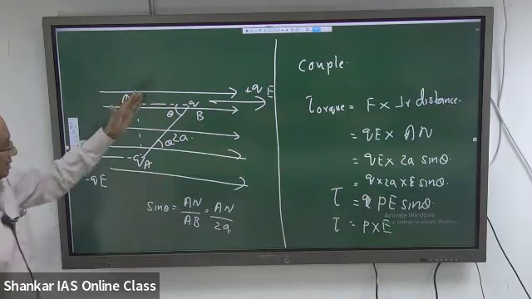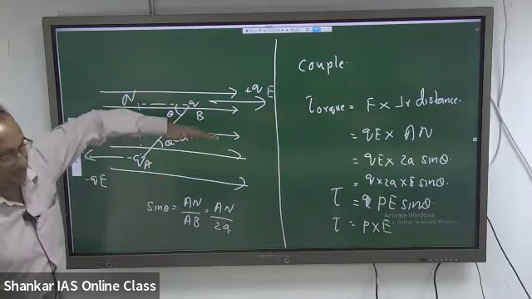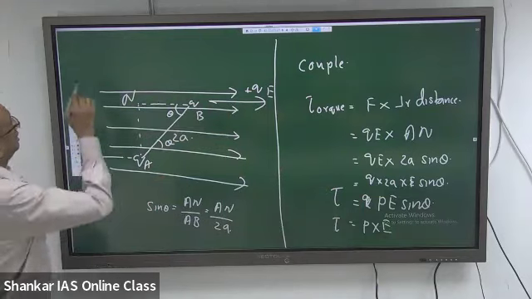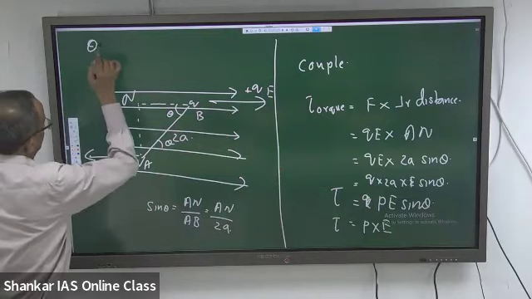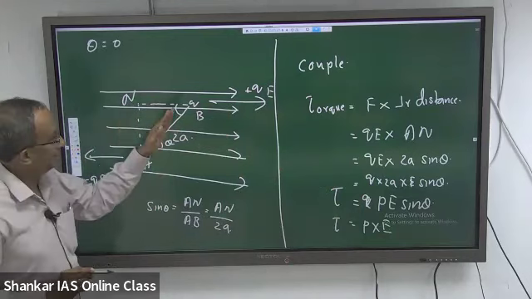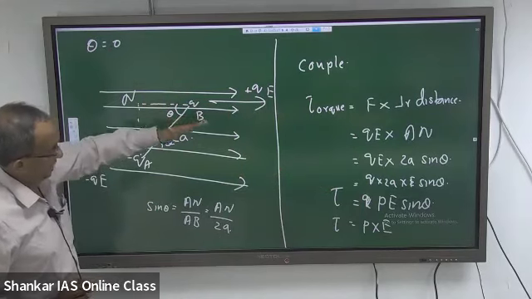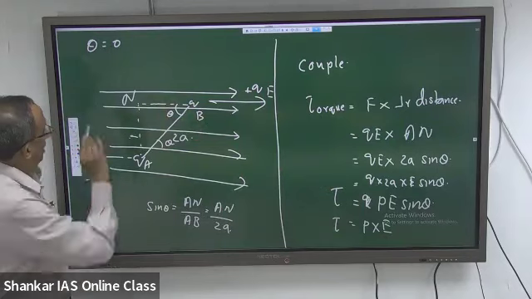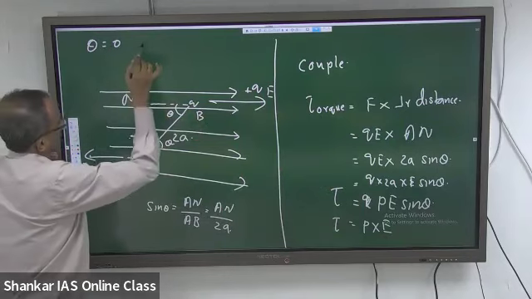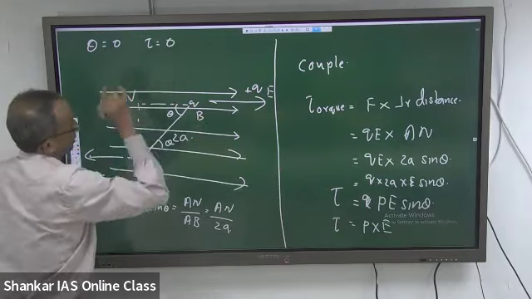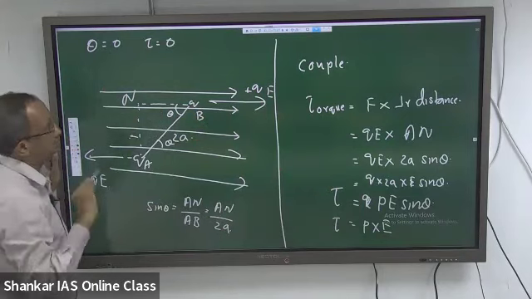Whenever the dipole is in the same direction of the electric field, theta equals 0, then torque is equal to 0, because sine 0 equals 0.